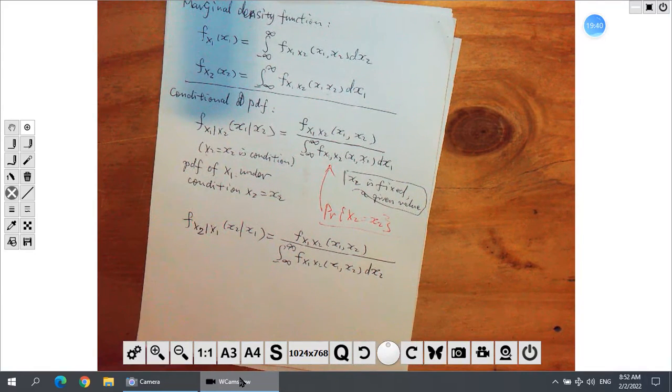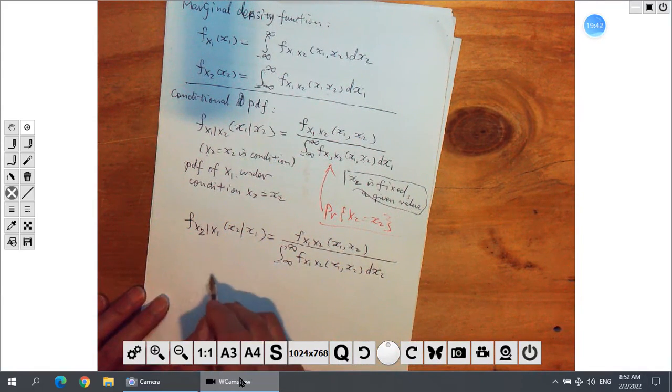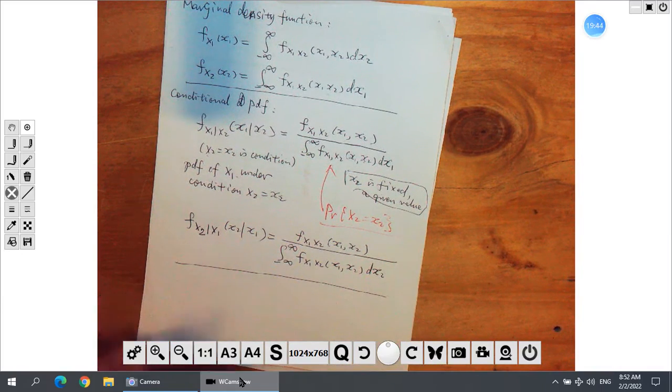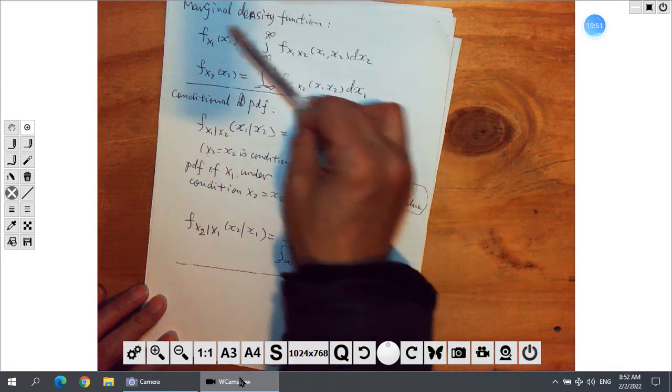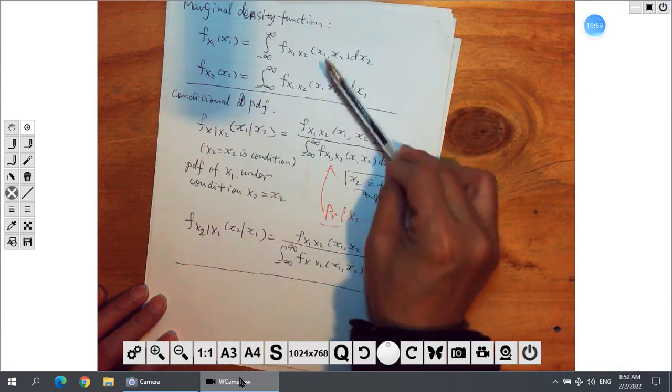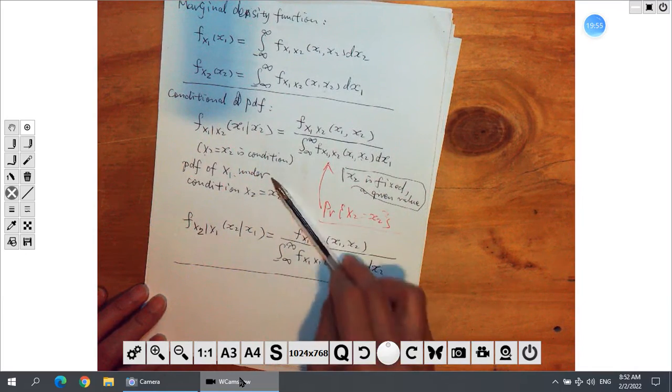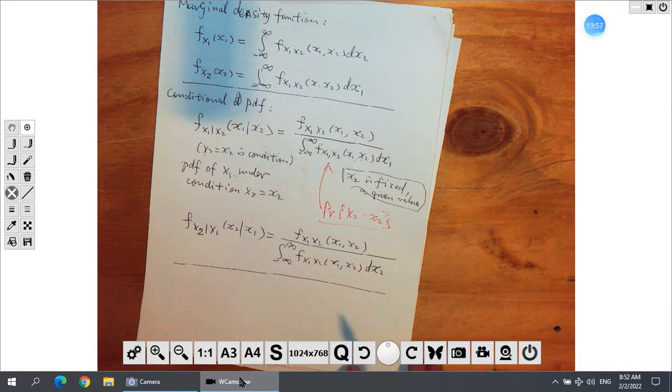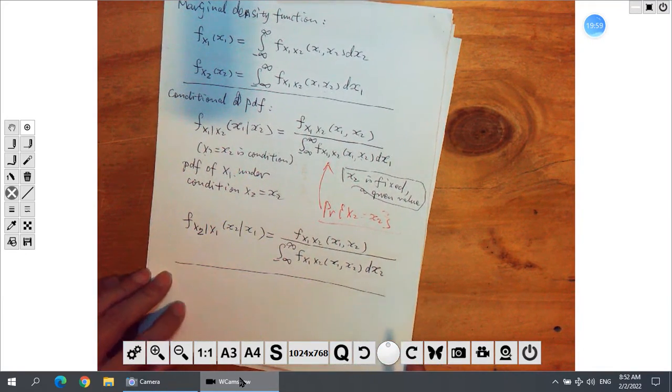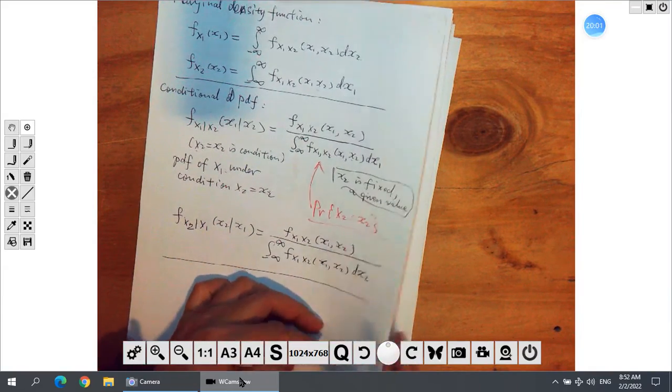Okay, so this is the conditional PDF. So when you have a joint PDF, joint distribution, then you can have the marginal density, marginal distribution, and the conditional PDF, conditional distribution.